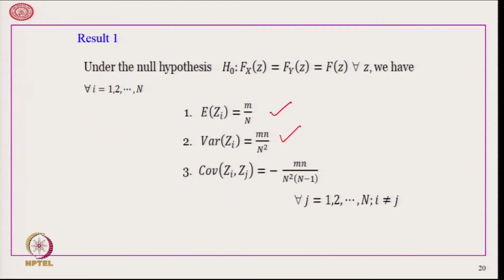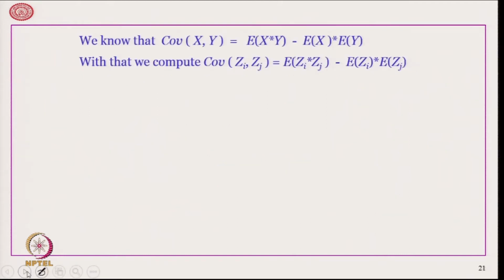Now, we need to prove that covariance of Z_i Z_j is equal to minus m n upon N square into N minus 1 when i not equal to j. We know that covariance of x y is equal to expected value of x y minus expected value of x times expected value of y.